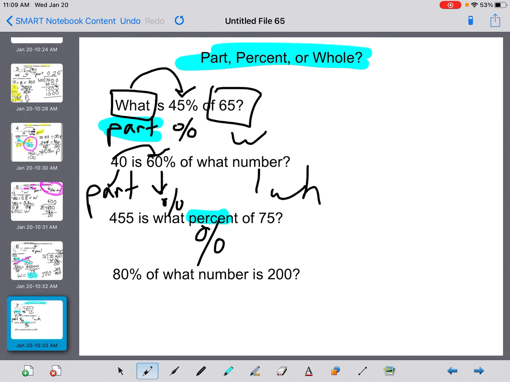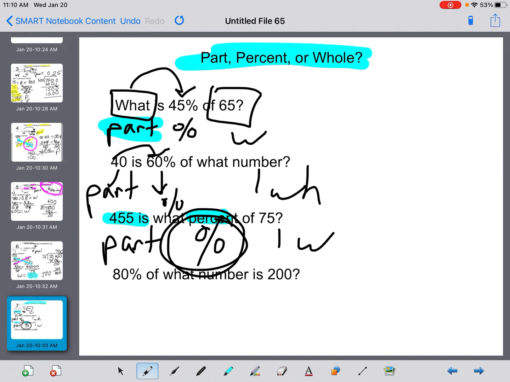It's not always the smaller number that's the part, because look at this. It's saying 455 is what percent of 75. So 75 is actually my whole. So in grade 7, when your part is bigger than your whole, that actually tells you your percent is going to be bigger than 100.